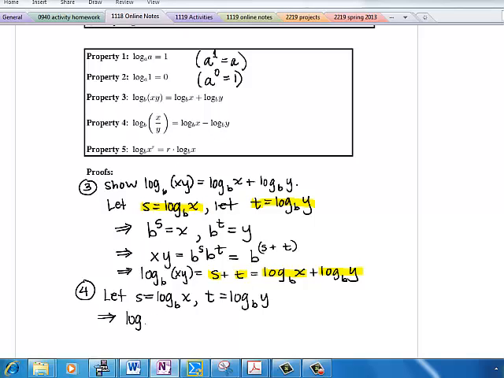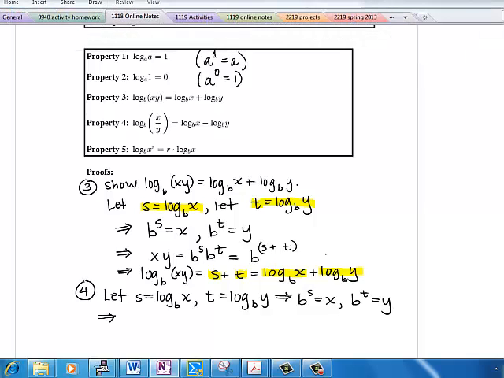Log base b of x minus log base b of y would be, sorry, let's go back up to this line. So what we've got up above is that b to the s is x, and b to the t is y. I'm going to erase what I just did in this step. I wasn't thinking carefully. Sorry about that.